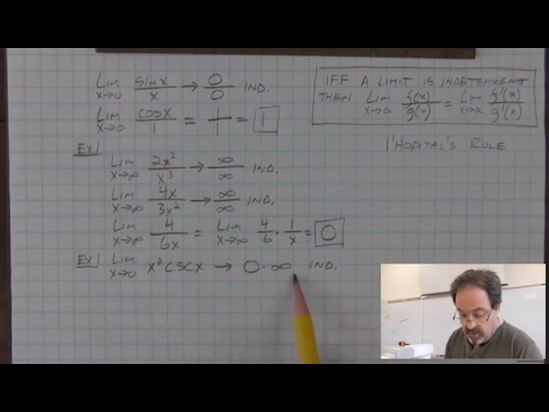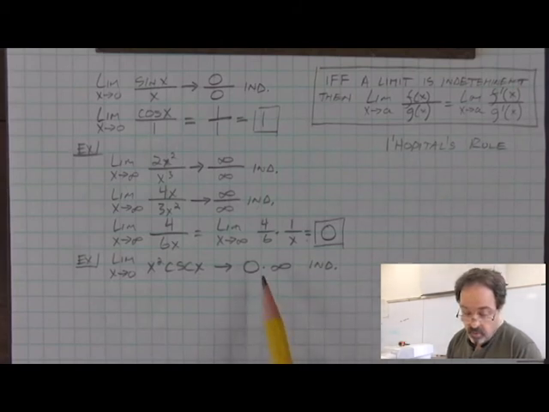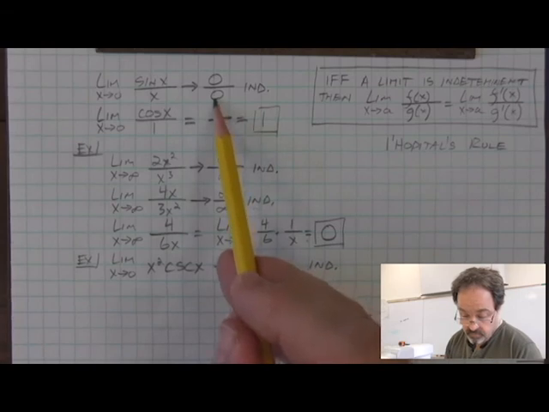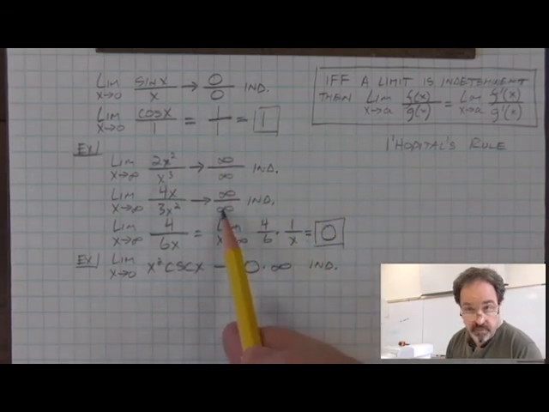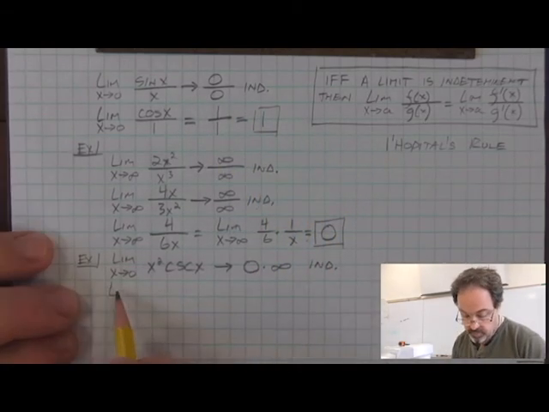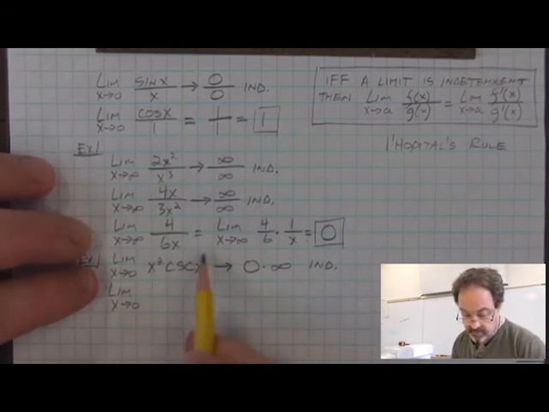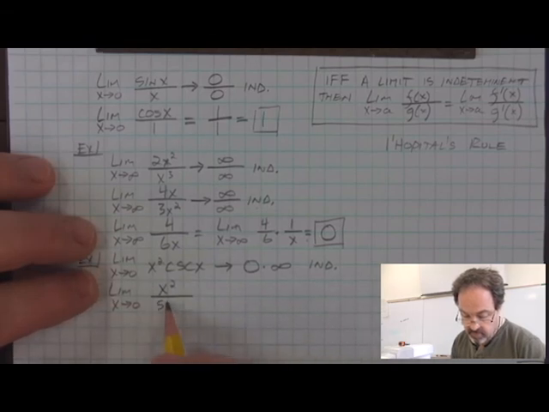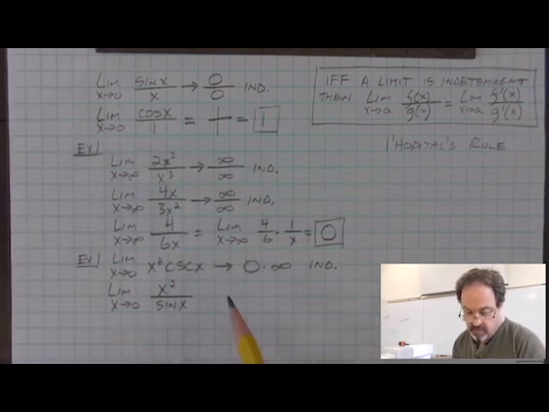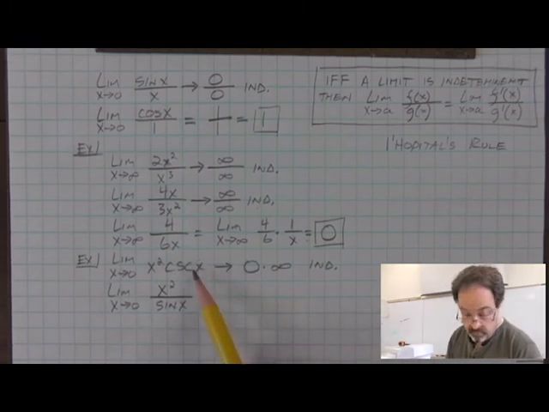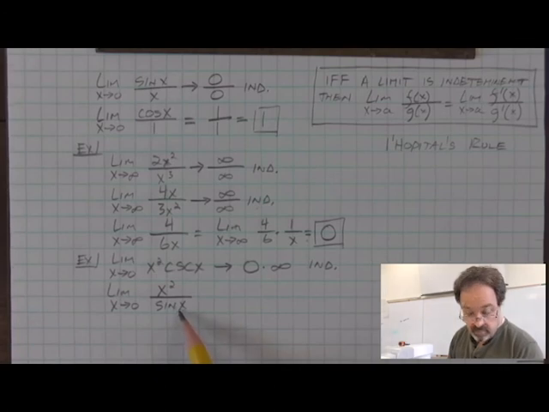This is an indeterminate form because it can be converted into one of our 2 indeterminate forms, 0 over 0 or infinity over infinity. So I want to show you that the limit as x approaches 0, this expression here is equivalent to x squared divided by the sine of x, because cosecant x is the reciprocal of sine x.